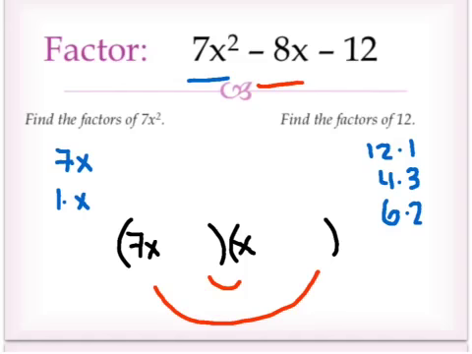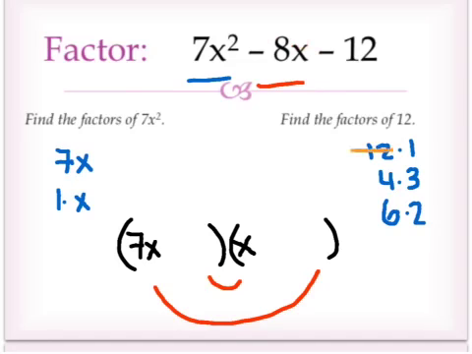Okay? So let's try. Let's think about this guy. 12 times 1. If I put the 12 here, 12 times x is going to be huge. That's going to be too big. Okay? If I put the 12 here and the 1 here, well, that's going to be 12x, 7x. That's going to give me 5x in the middle. That's not big enough.